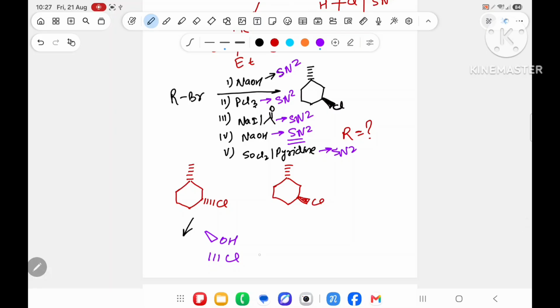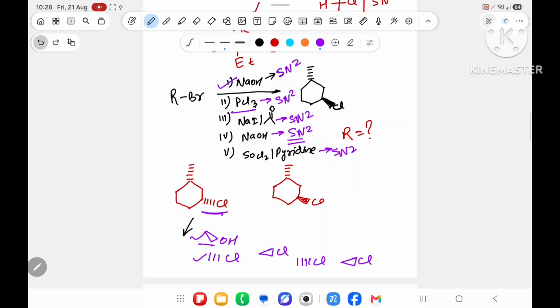Then NaI: again base will convert into dash. Now NaOH, again OH will come and dash converts into base. Then again SOCl2, dash will convert into base. Then PCl3 again SN2, base to dash. Then NaI again, dash to base.